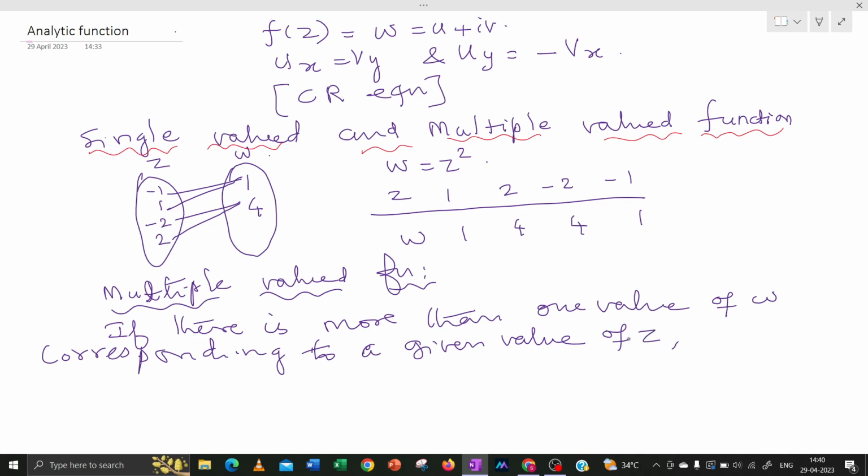Then w is called a multiple valued function.